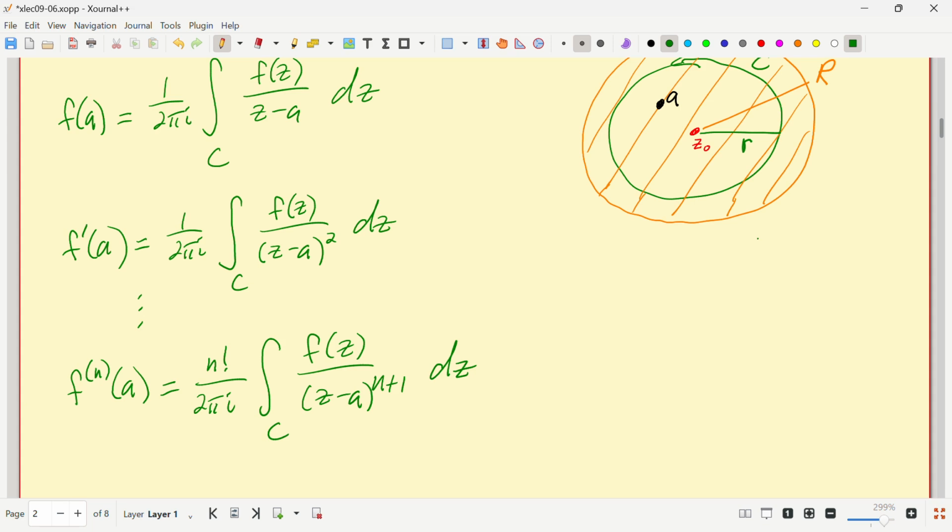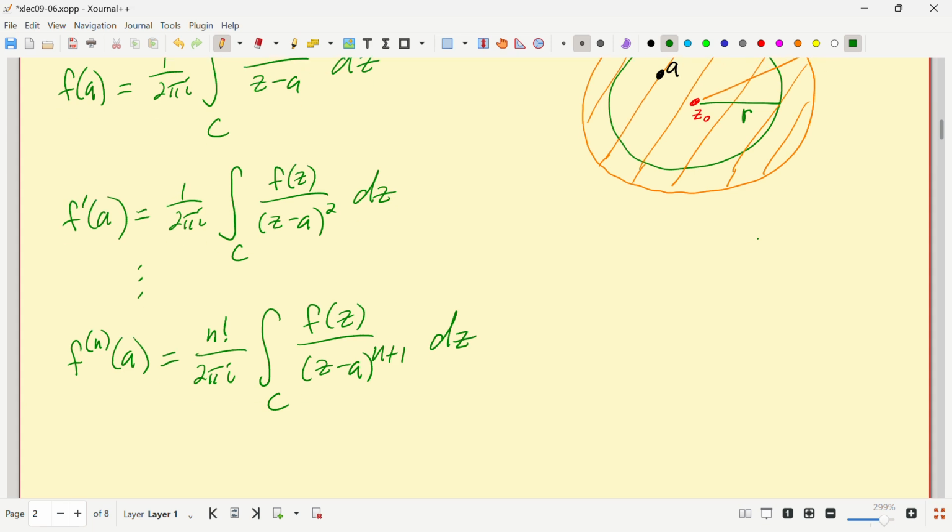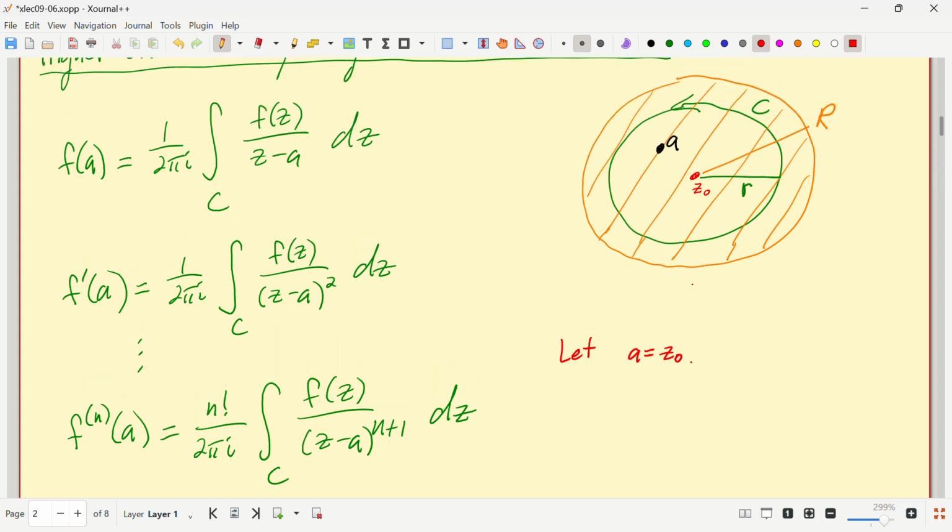Okay, and now I'm going to get the big theorems today by looking at that last formula and estimating it like this. So here I'm going to let a equal the center point. Then if you think about that, the z is going around here. z minus z naught is always r.